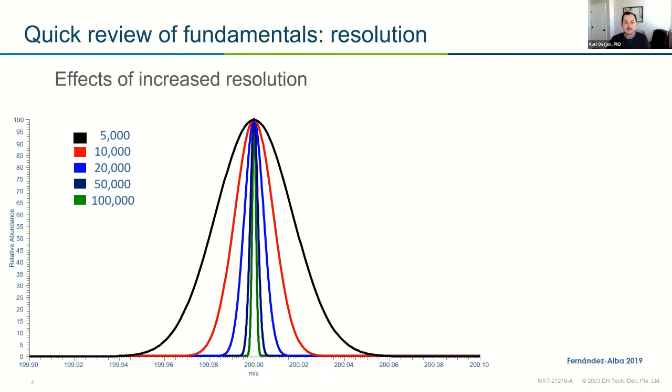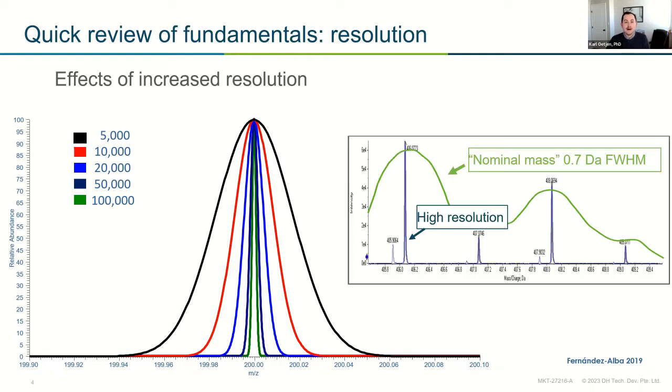So as we move from this nominal mass territory, where we have this wider resolution, up to 0.7 Daltons of a triple quad, up to high resolution mass spectrometry of maybe a QTOF in the 40 and 50,000 range, we get much more defined peaks. And this can be really important when we're trying to distinguish between other compounds.